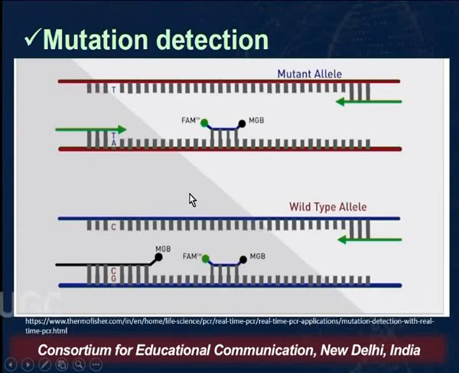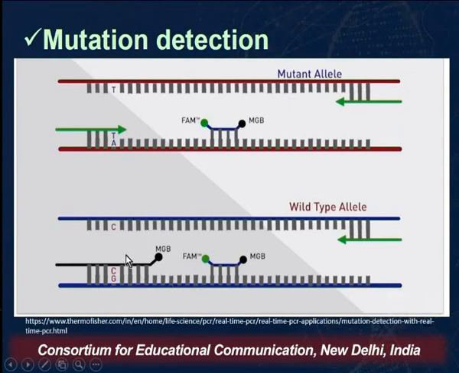Now when we carry out the PCR, the polymerase is going to synthesize and extend this primer. It is going to remove this probe because of the 5' to 3' exonuclease activity, and therefore it is going to give the fluorescence.